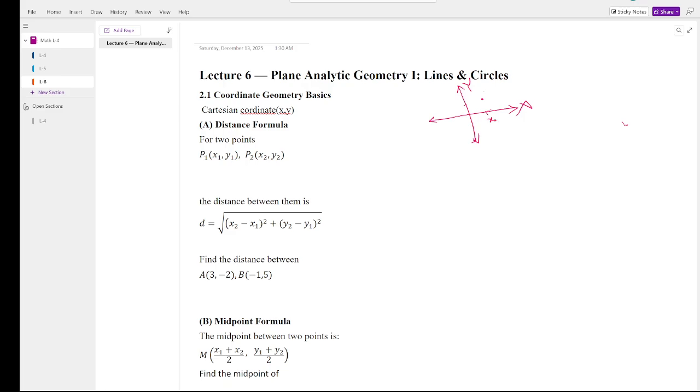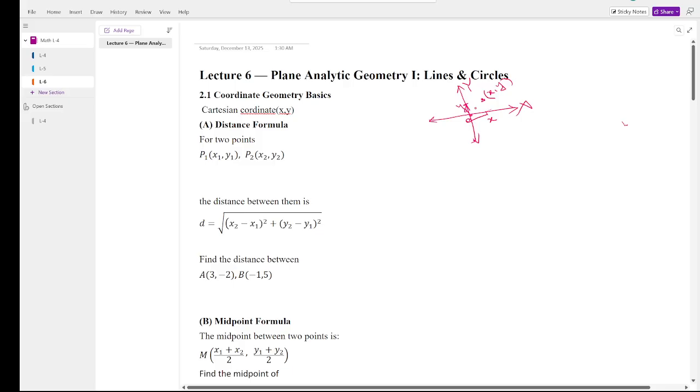This point is x, this point is y. So the point here is (x, y). Y is the distance from 0 to the x-axis, and x is the distance from 0 to the y-axis. And we can find the (x, y) coordinate here. This is called Cartesian coordinates.